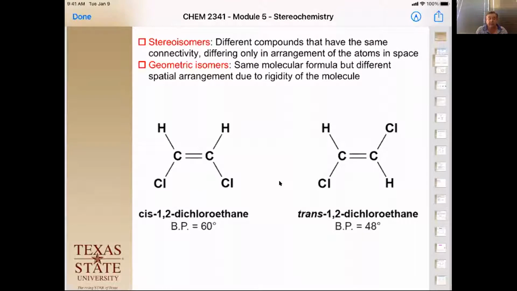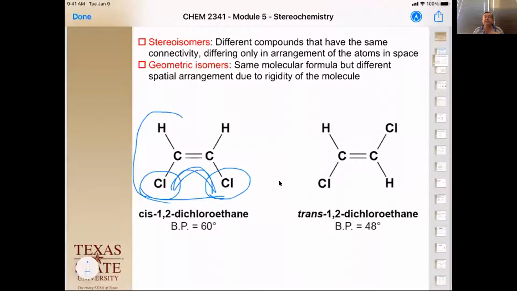So for example, in this case here, these are stereoisomers because on this one, the two chlorines are on that same side, giving us that cis configuration. And our chlorines are on two different sides, okay? And so that gives them a different arrangement of those atoms in space, okay?